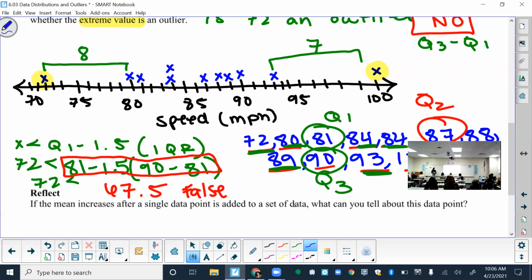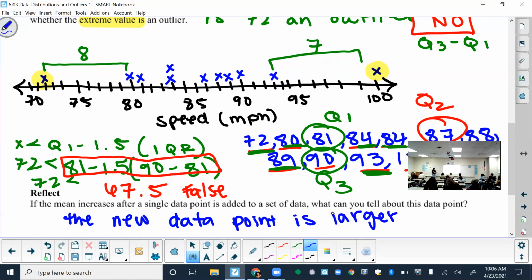So would it make more sense that if the mean increased, that the data point is bigger than the data or smaller than the data? All right, the new data point is larger than the rest of the data.